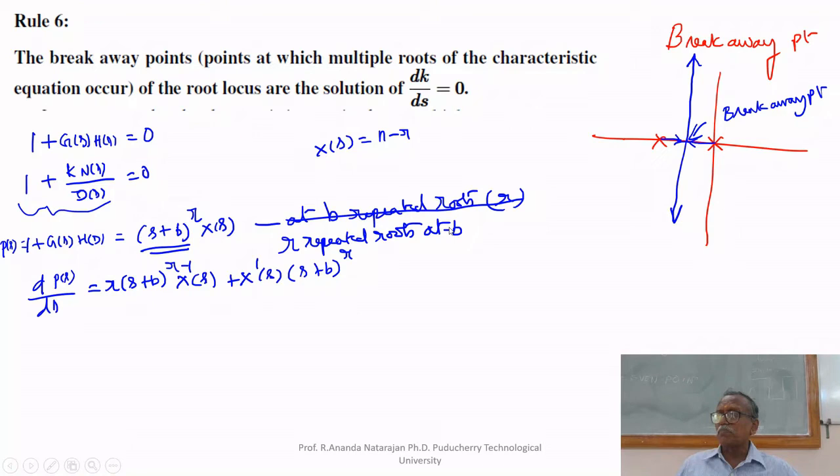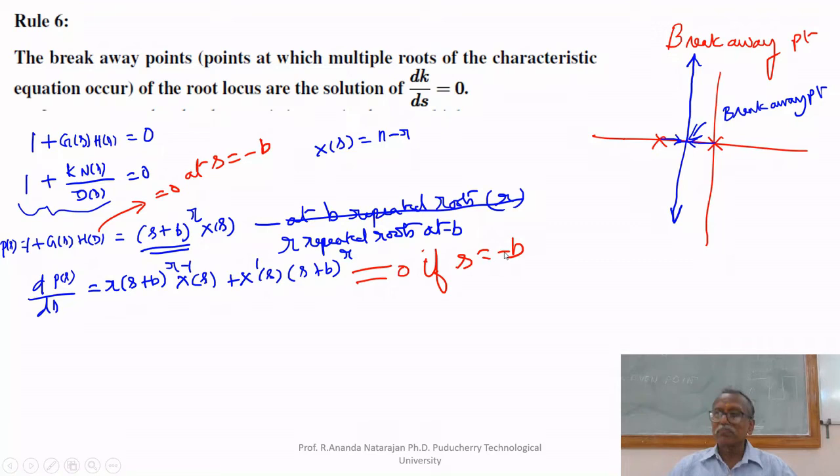The characteristic polynomial becomes 0 at s equal to minus b, because at minus b it has r repeated roots. You check dP/ds, that is also equal to 0 at s equal to minus b.